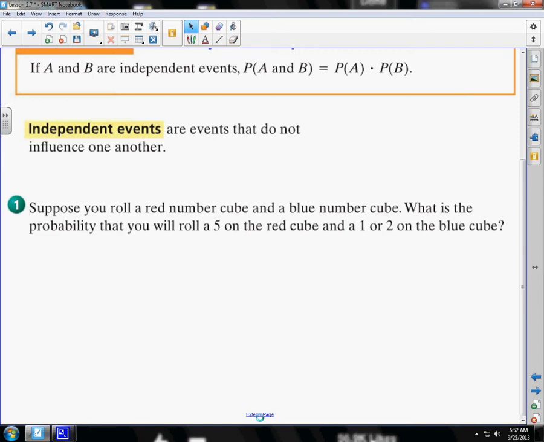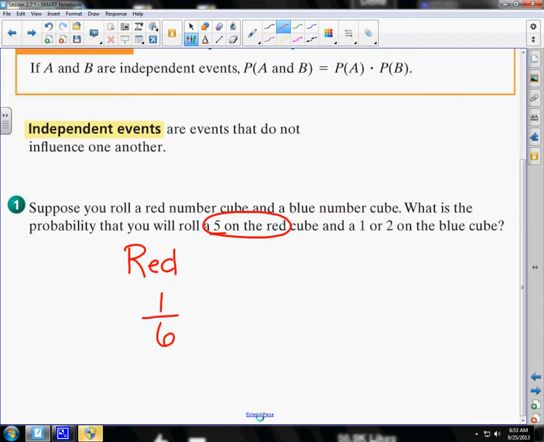So number 1. Suppose you roll a red number cube and a blue number cube. What is the probability that you will roll a 5 on the red cube and a 1 or 2 on the blue cube? If I want to roll a 5 on the red, that would be 1 out of 6.